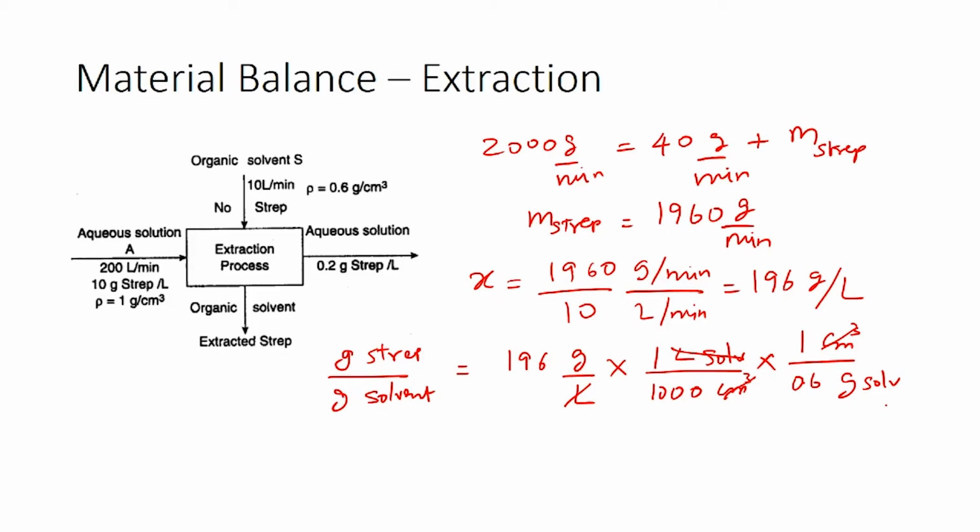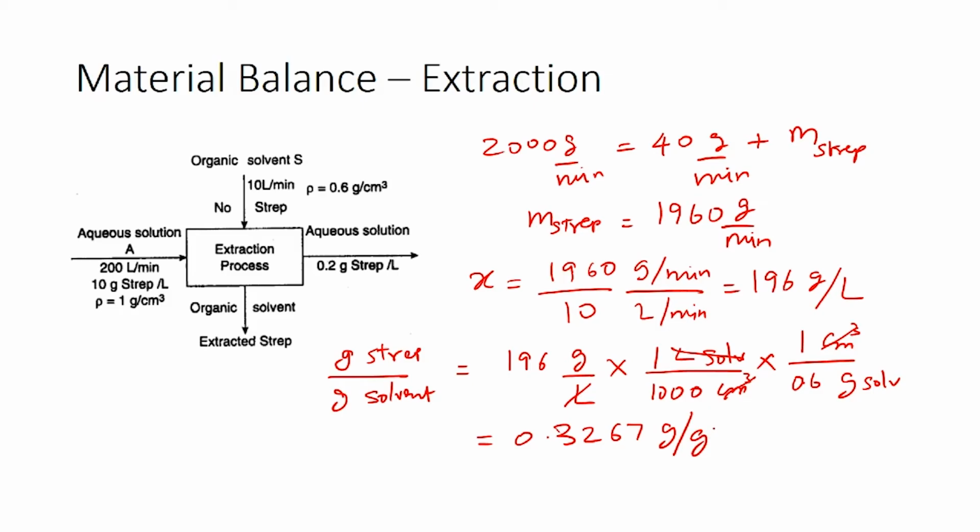So, you end up with the value of 0.3267 grams per gram. So, this is the mass ratio.